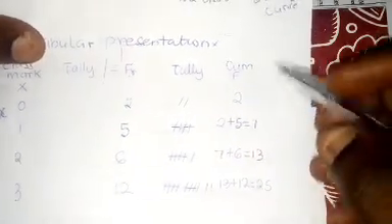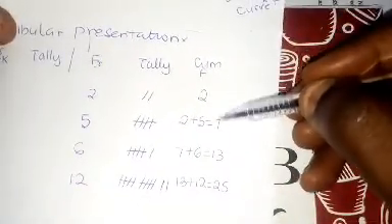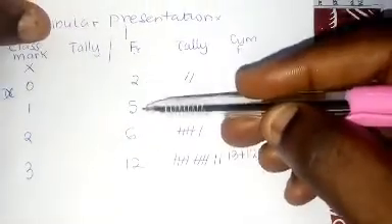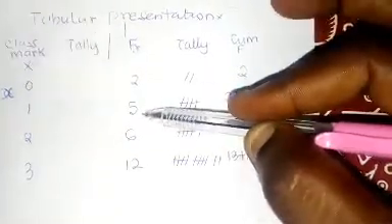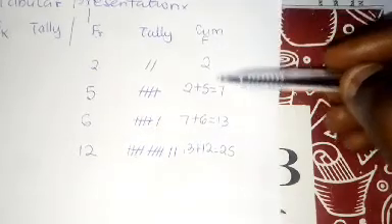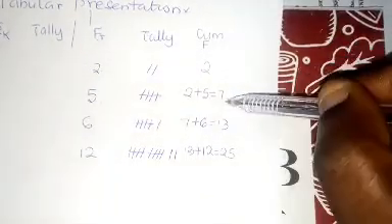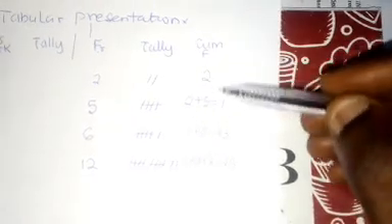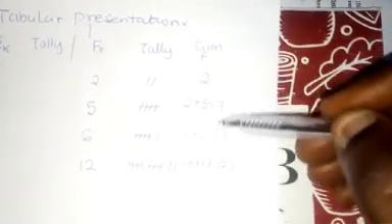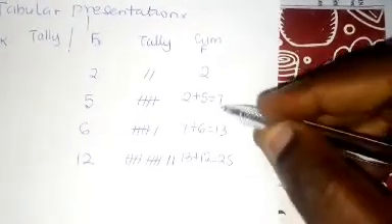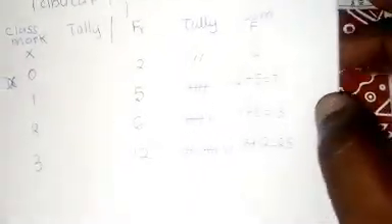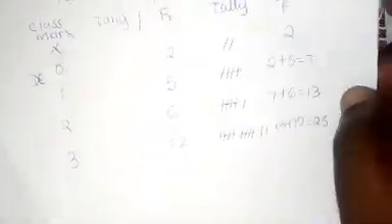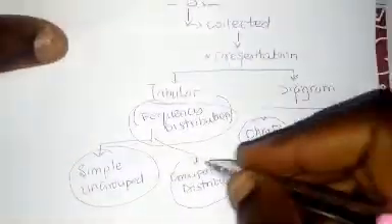So cumulative is nothing but the sum of frequency up to a particular class. It's called the cumulative frequency.